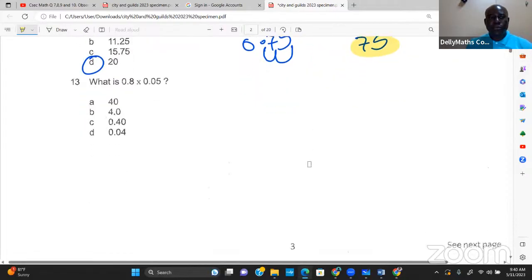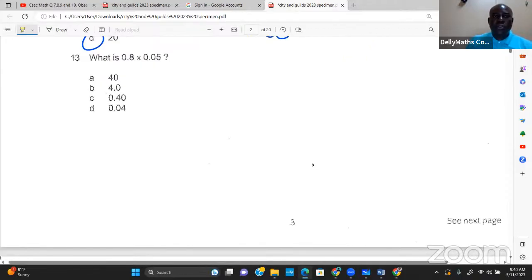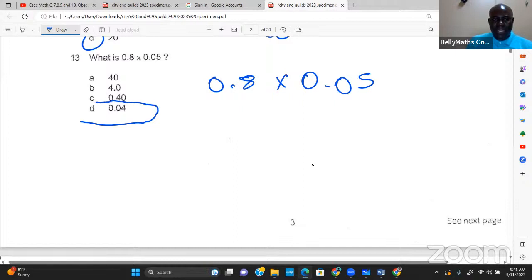All right, so with this here, we're looking at 0.8 times 0.05. So you have to be careful with those ideas. You don't want to make a mistake. So you carry this out, and you're gonna get about 2 decimal places at the end.